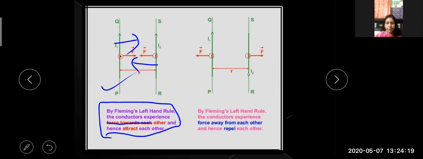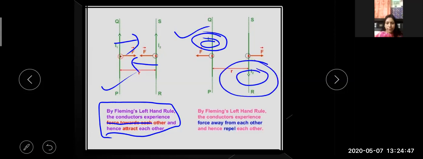Now for the second case, we see that over here in the two conductors, current is flowing in opposite directions. In conductor PQ, current is flowing in the upward direction, and in conductor RS, current is flowing in the downward direction. So due to these two directions, the magnetic field for conductor PQ is this, and for RS is this.